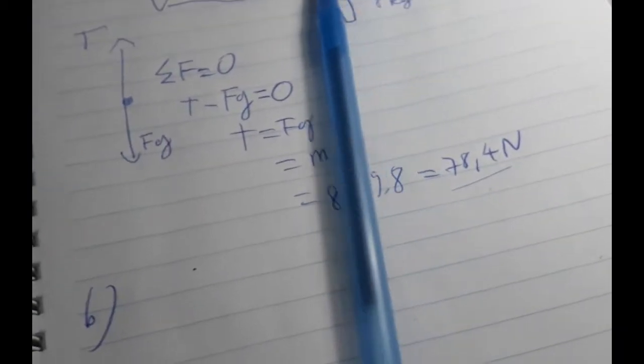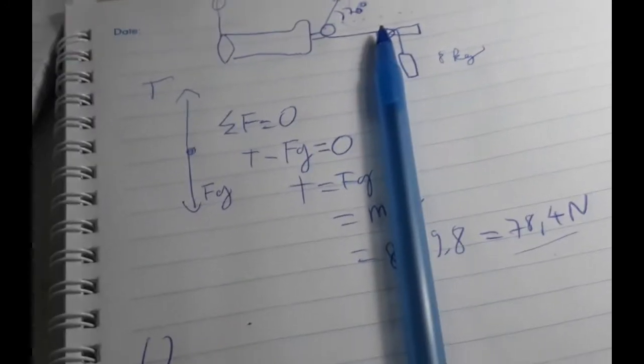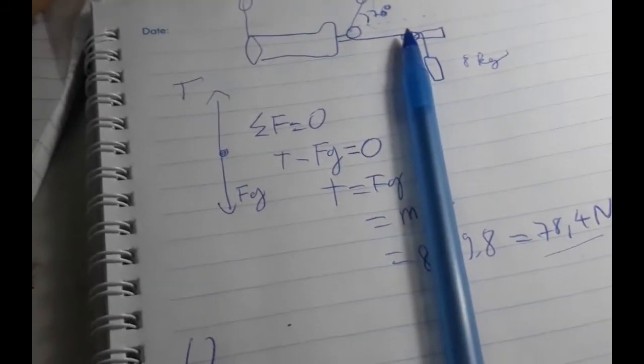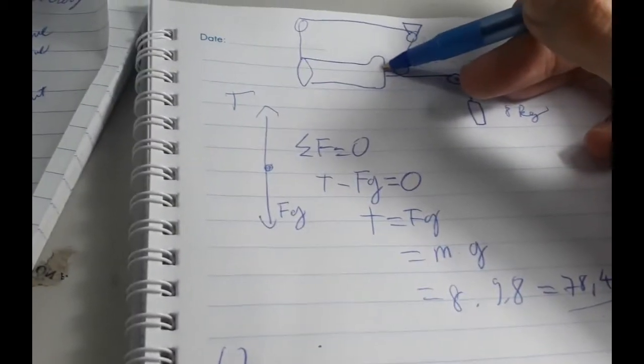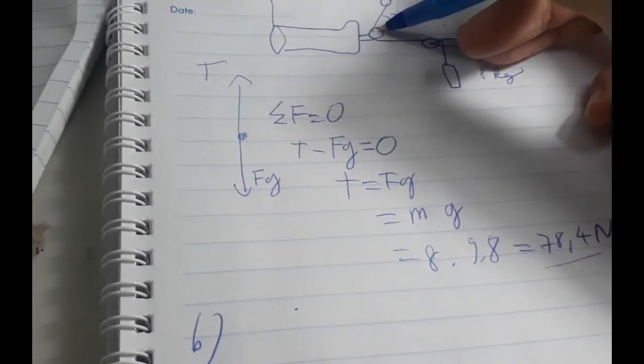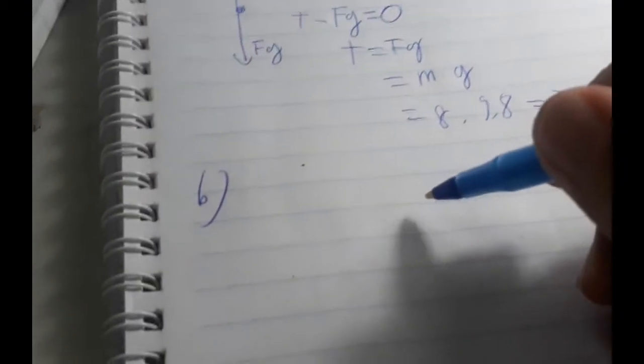Question B tells us to find the force on the leg. So here is the leg, and we draw out the pulleys over here, at this 70 degrees. Here is the foot.